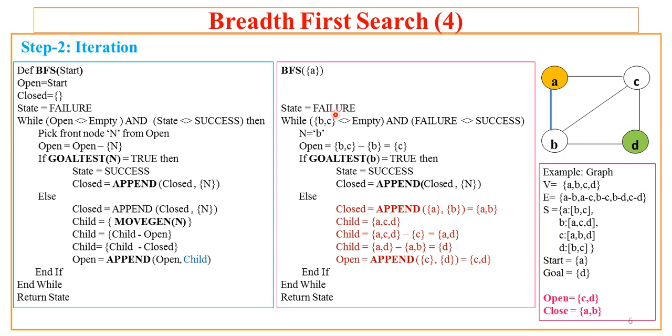So the state variable value is not yet updated. So here both the conditions are true. In open, there are B and C, two elements, so it is not empty, and our state is failure, which is not equal to success. As both the conditions are true, the while loop will iterate for the next value of open.